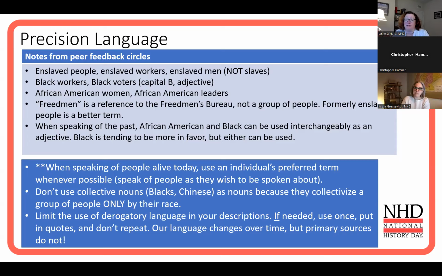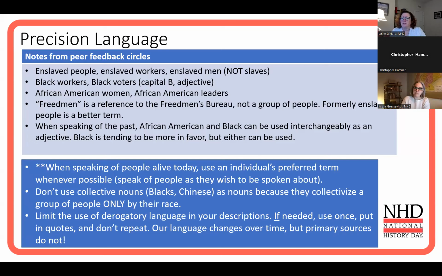We know that depending on the topic you or your students are studying, it's going to be there in the primary sources. We can't take it out. I don't think we should take it out. But I do think that when we analyze it or describe it, we make the choice to not repeat and empower those words. Sometimes it's required to be used once, you have to make a point with it.